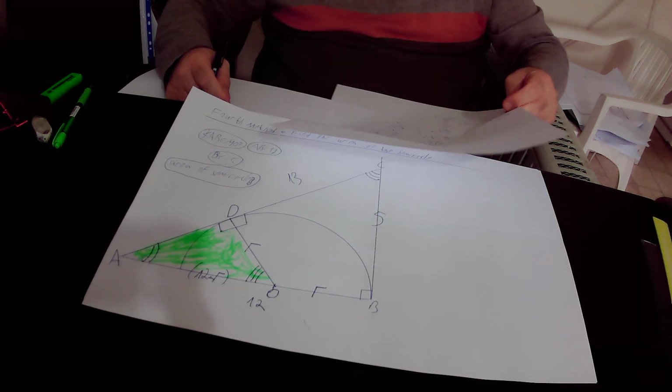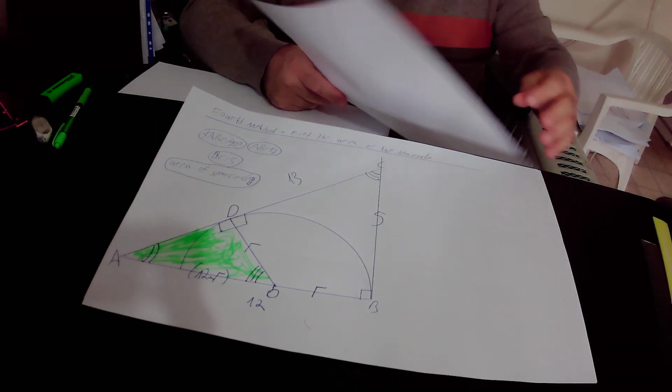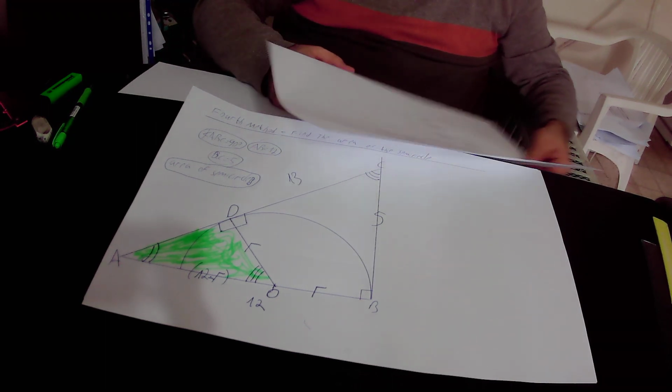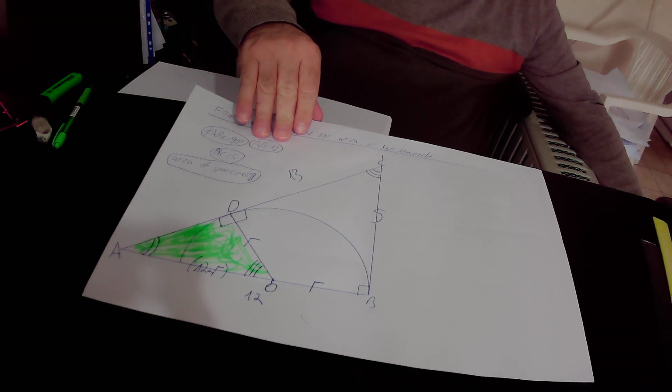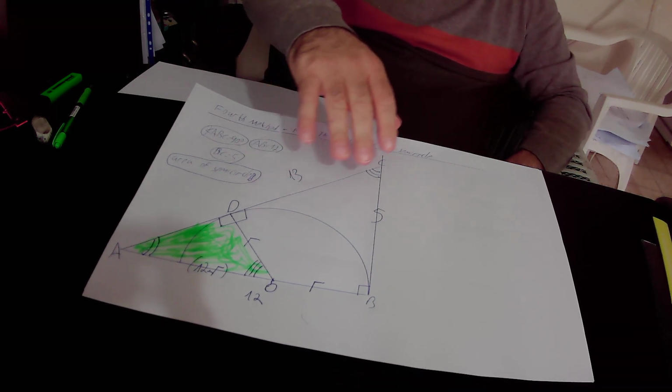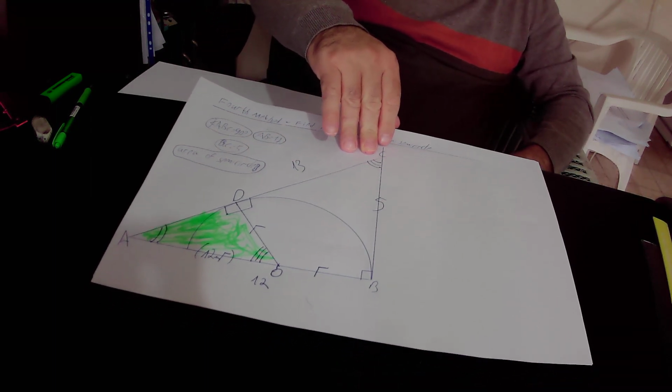So we finished with the first method. In the next step, I will present to you how to find the area of this semicircle according to a second method.